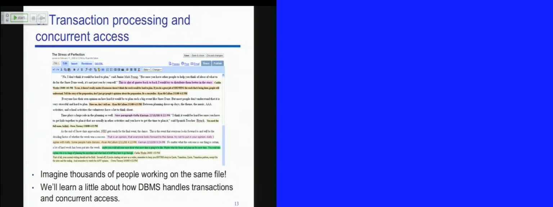There is one file, and potentially millions of people are trying to read, write, change, and update the same file at the same time. You don't want to restrict this to one at a time, because there are a million people out there who want to query this, but on the other hand, you need to have some mechanism in place that will maintain the database or the file. You want to make sure that everybody is getting what they think they're doing done, and we're going to look at transactions for that.